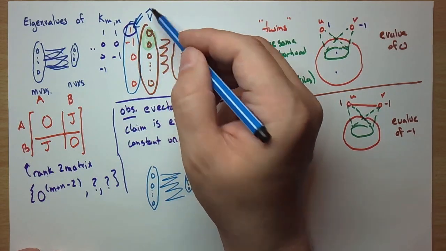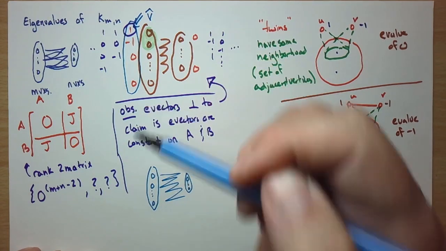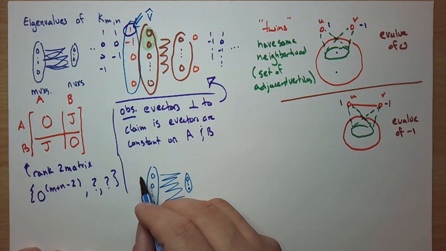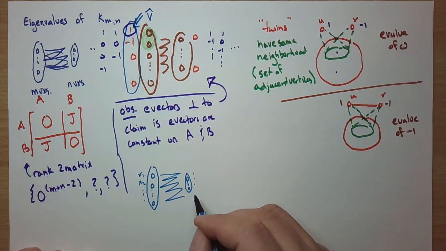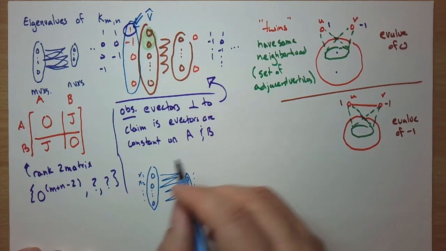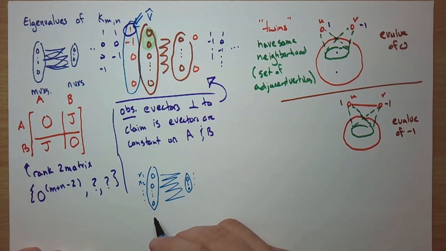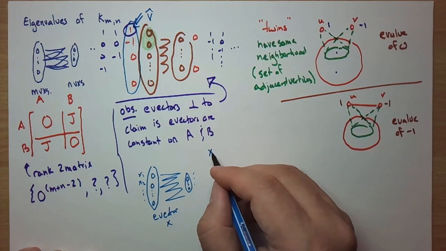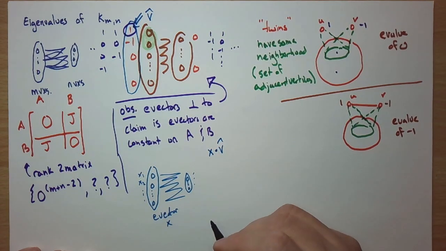We'll put a little hat on top of it. And now, here's x1, x2, dot dot dot. So here's my eigenvector x. Now take x dot v hat.